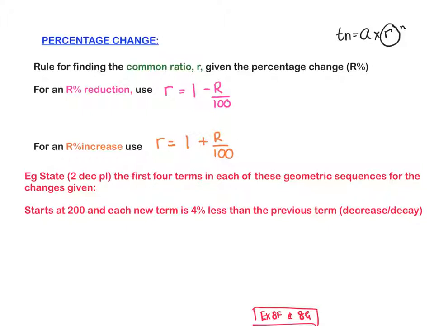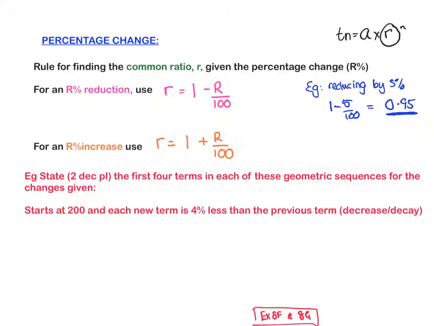So say we might put a little example there so you can know. So say it was reducing by 5%. What you're going to times it by, it'll be 1 minus 5 over 100, which equals 0.95. So what you're actually timesing it by is 0.95.